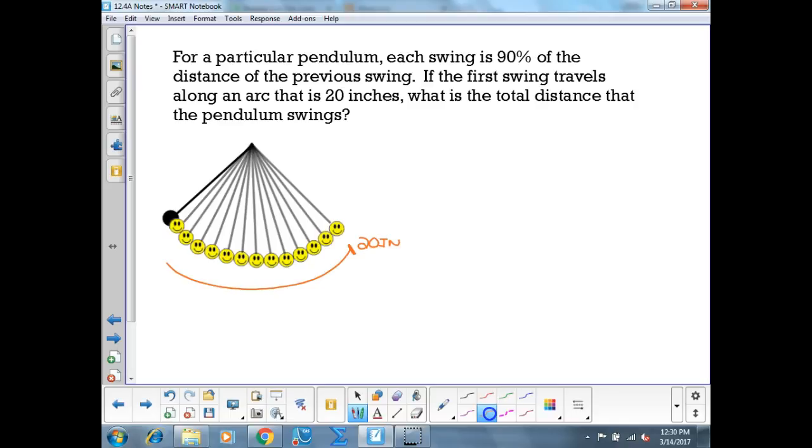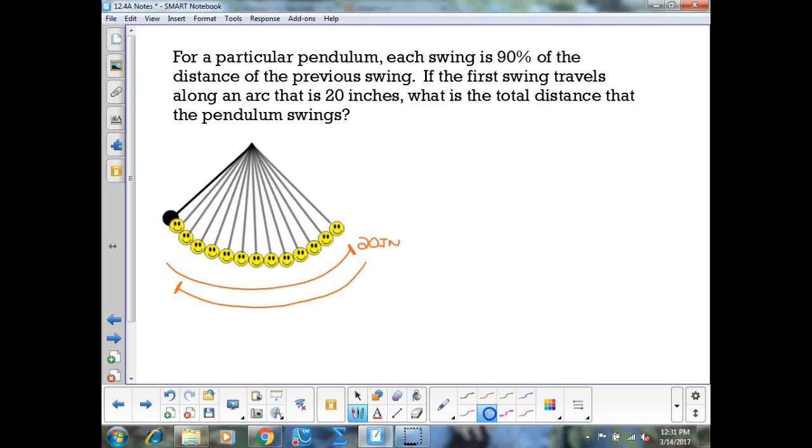Yes? Okay. Then it swings back. But what does it swing back to? How far does it travel on its way back? It does not travel 20 inches on its way back. 90%? So what's 90% of 20?